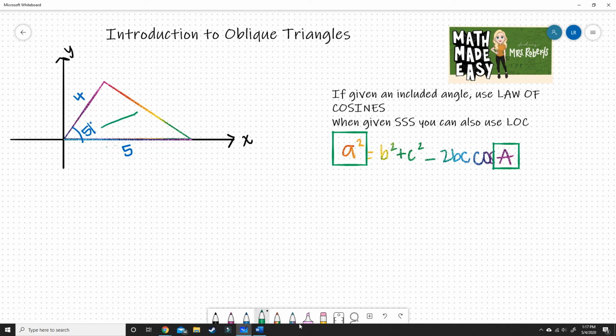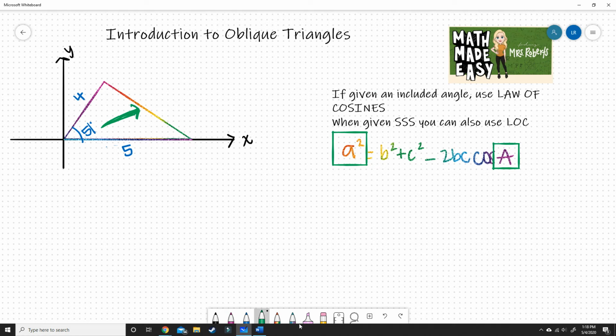The other two, in either order, are the other two sides. So you lead the formula with A and end the formula with A.